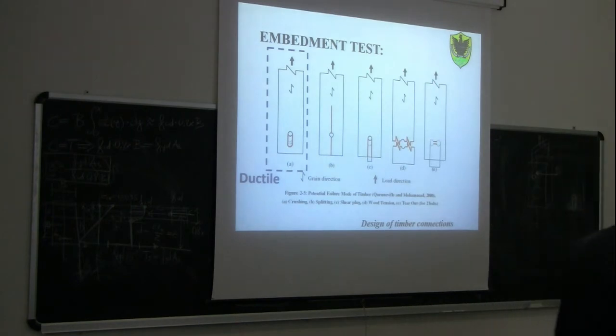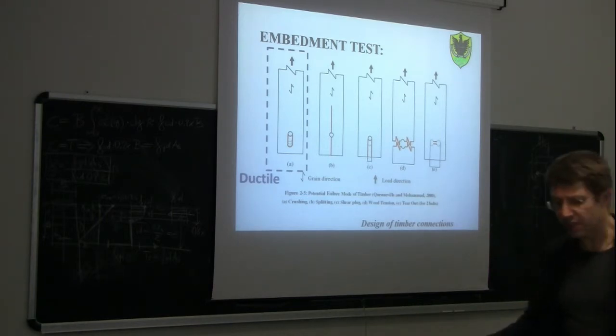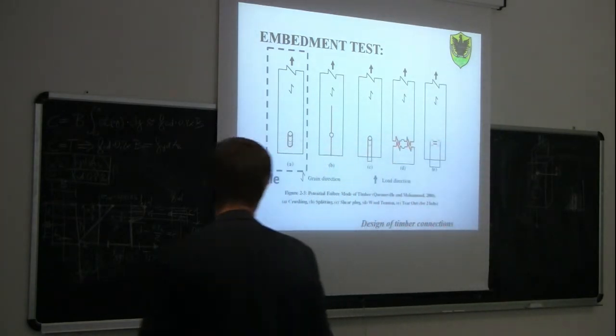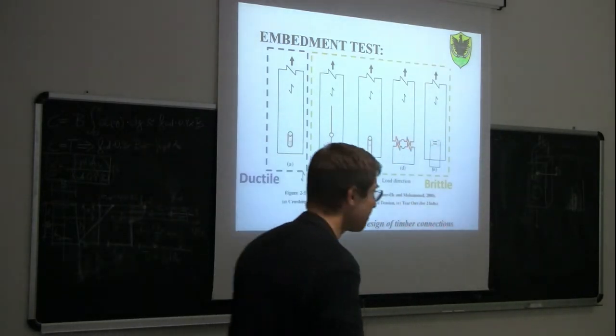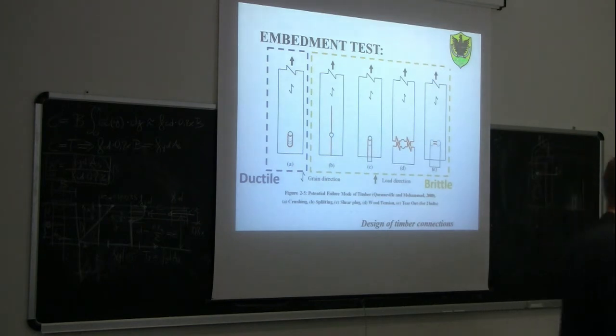So only when we have failure for embedment, so for crushing of wood perpendicular to the grain at the interface with the steel, can we get a kind of ductile behavior, with very significant plastic deformation. All the other failure mechanisms are brittle, meaning that as soon as you have a failure, you immediately get a significant reduction of the load acting on the specimen.